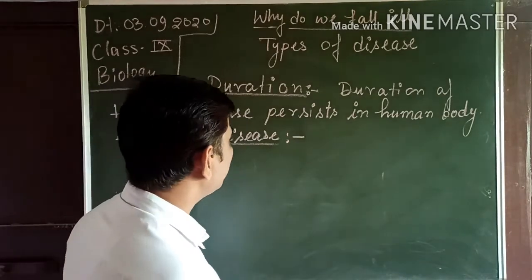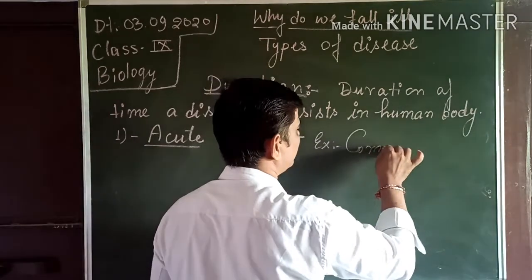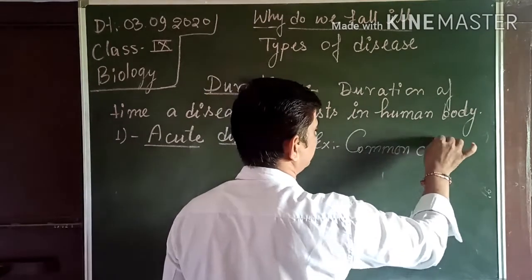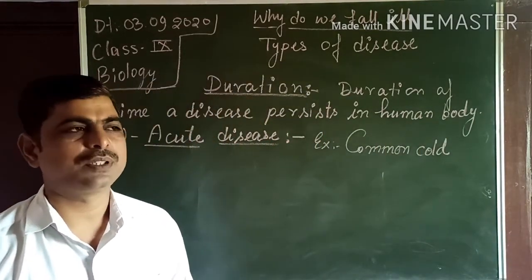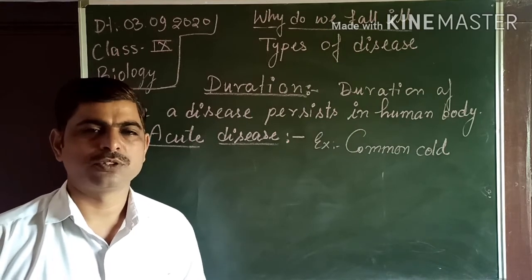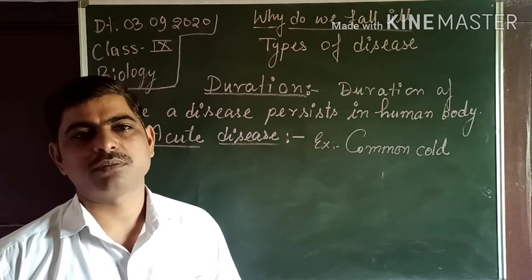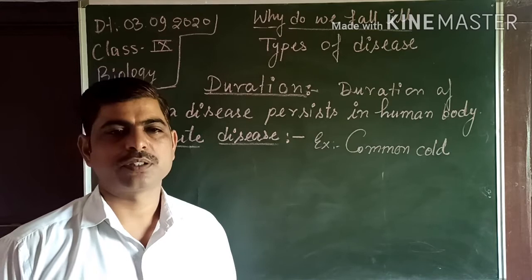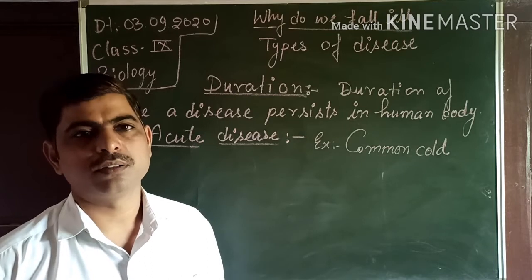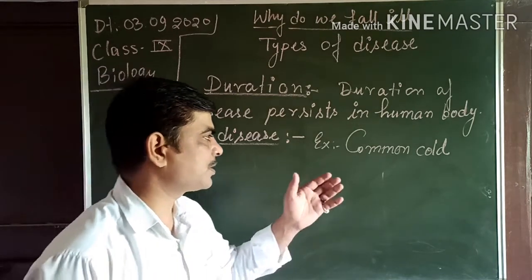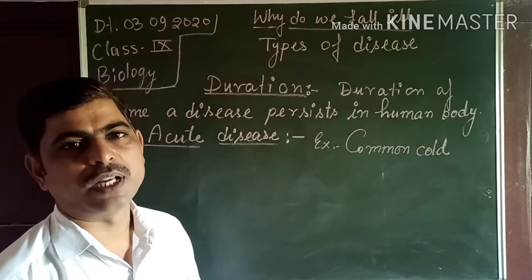Okay. You can take the example of common cold. This disease happens in the body and is more or less cured within 1 week, and afterward the person who recovers from the disease will live a normal life as before. Such type of disease persists in the body for a shorter period of time. Okay.